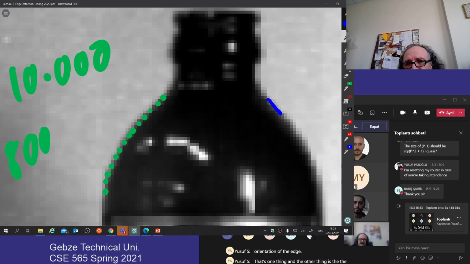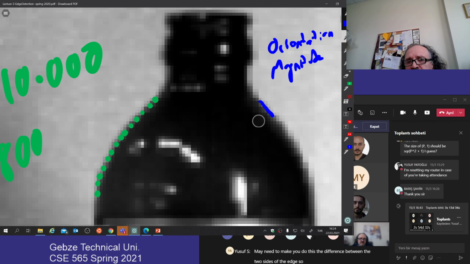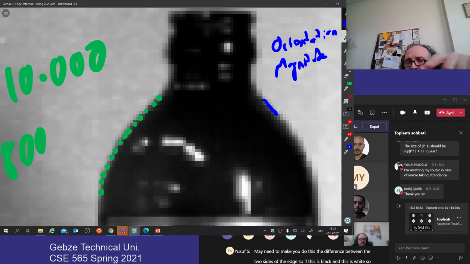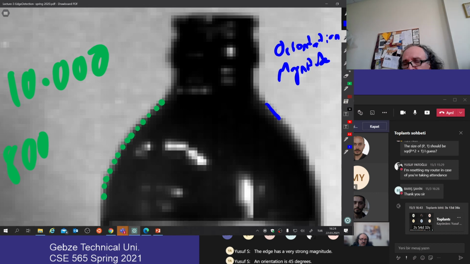So if this is black and this is white, the magnitude is very large. The edge has a very strong magnitude, and the orientation is 45 degrees. But I can say these two things only for the edges. For the non-edge cases, I don't say anything. Okay, good. Thanks for asking that question.